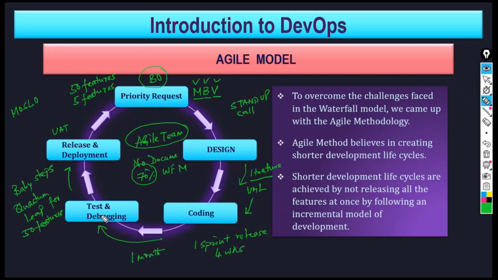Because if you are developing 50 features, you have to wait for the design to complete for the 50 features, then coding to complete, and then you give all the 50 features to the testing. So all this time, let's say 3 months, the testing team will not be doing a single activity. But here, within a day or two, the testing team has also started debugging and testing on that particular one feature.